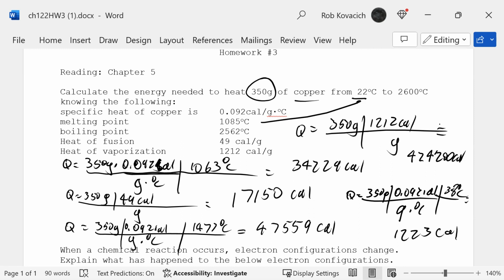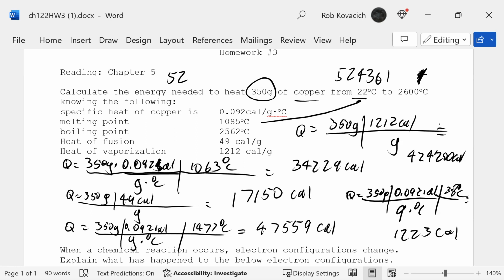34,229 plus 17,150 plus 424,200 plus 47,559 plus 4,795. And I got a total value of 524,361. We've got two significant figures, so sorry, it's 520,000.